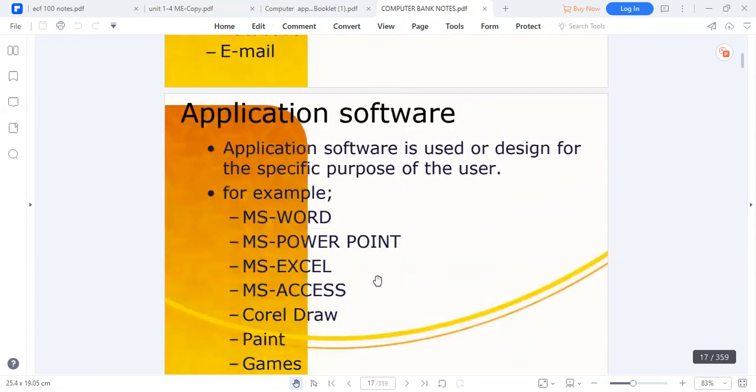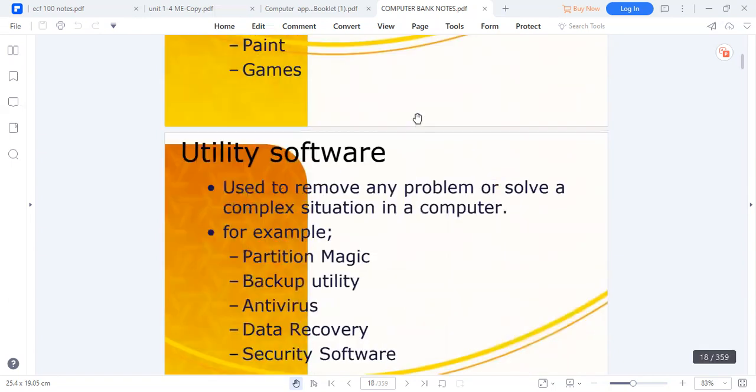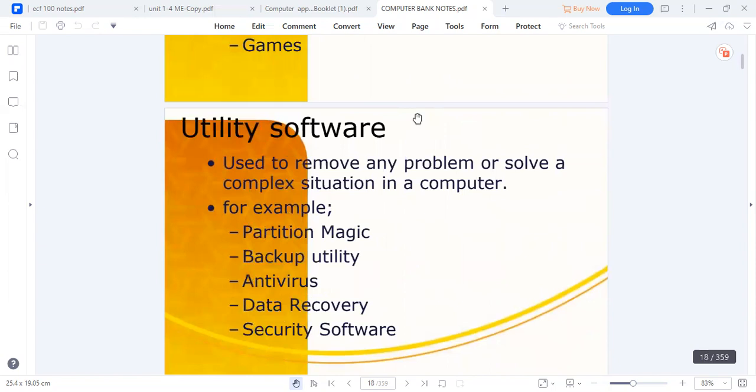Application software is designed for a specific purpose for the user. Examples include MS Word, PowerPoint, Excel, Access, CorelDRAW, Paint, and games. We also have utility software, which comes with a computer and is there to resolve complex situational problems.